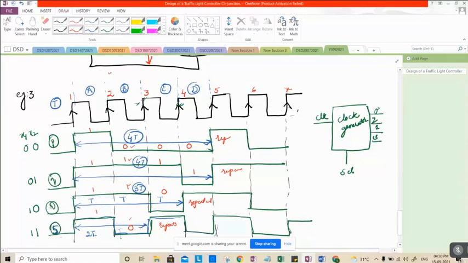X1, X2. Right, perfect. X1 and X2 are nothing but external inputs. Based upon this clock signal and the external inputs, we are supposed to generate these output signals. Now please draw an algorithm for this.